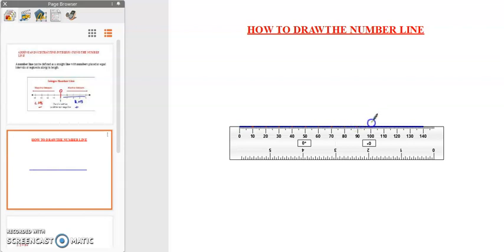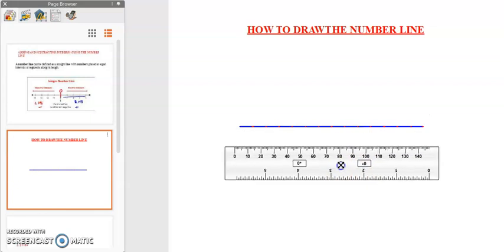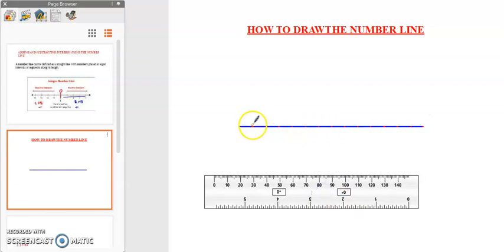So when you're drawing the number line, ensure that you use a ruler so that you don't have the numbers all over the place. I think that is fine. Let me just highlight these now. This is how we draw our number line.